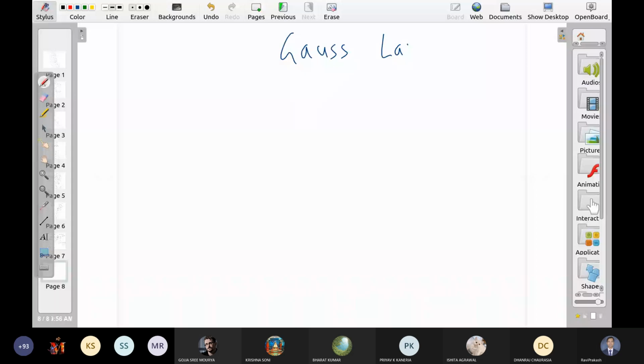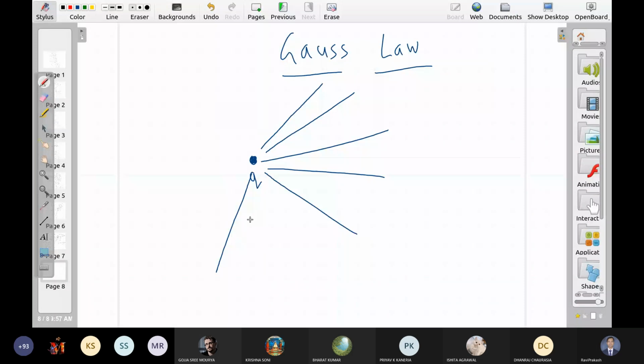Gauss law. What is Gauss law? This is some charge Q, right? And when you place a charge somewhere, it creates an electric field that can be given by some number of lines. You can draw as many as you want.